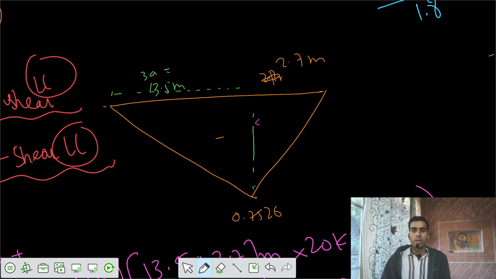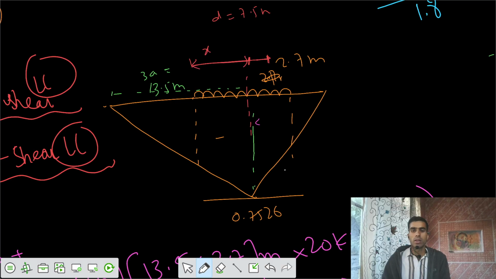Then I need to place the UDL in such a way that we have the maximum effect. If the total length is d equals 7.5, and I'm saying that this value is x, this part is x up to the center. The value of x can be calculated by this equation.